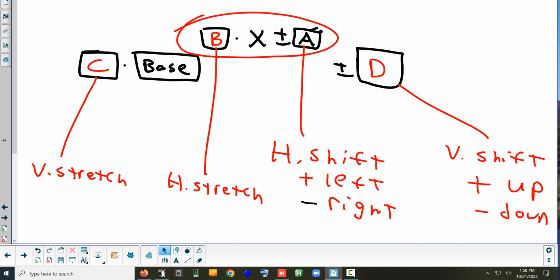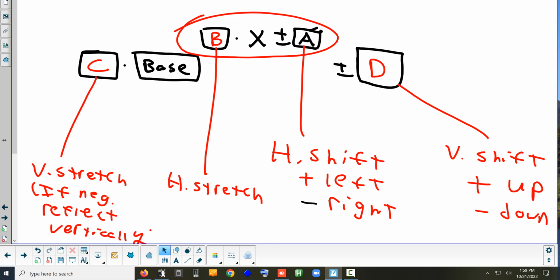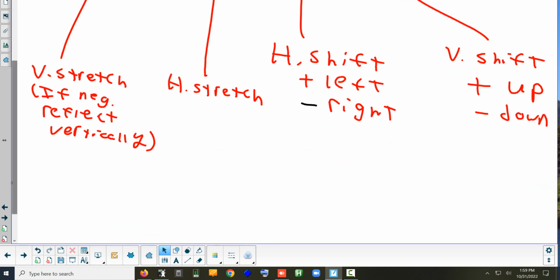What would happen if C was a negative number? Not only would it cause a vertical stretch, but it would also cause what kind of reflection? Over the x-axis, yes. If negative, reflect vertically. A vertical reflection would look like this. That's a vertical reflection.